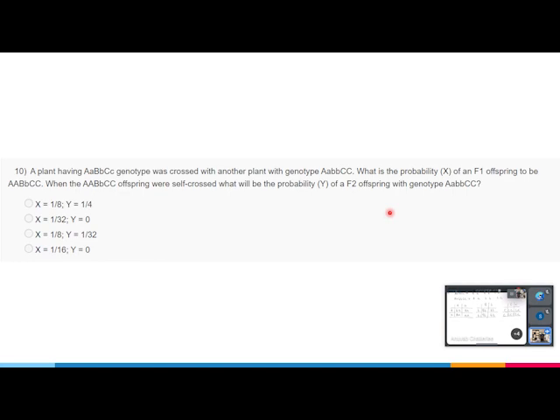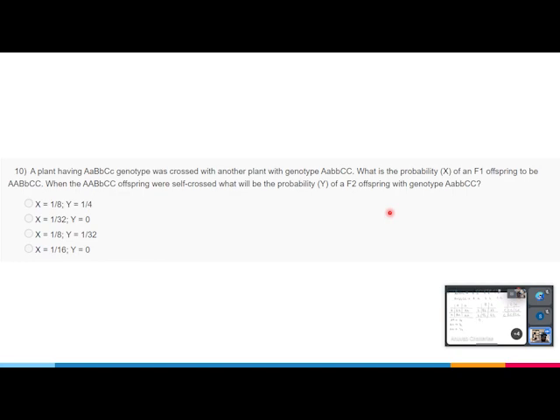So this essentially gives us that the probability of capital A occurring is 1 by 4, the probability of capital A small a occurring is half, and the probability of small a occurring is 1/4 again.